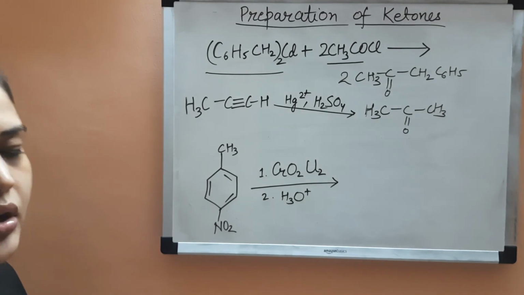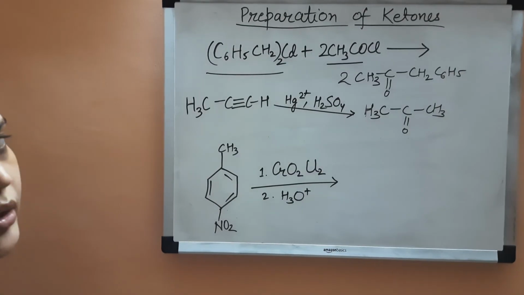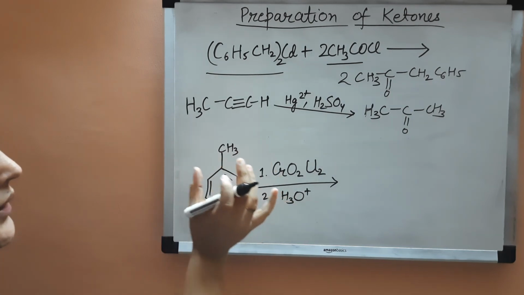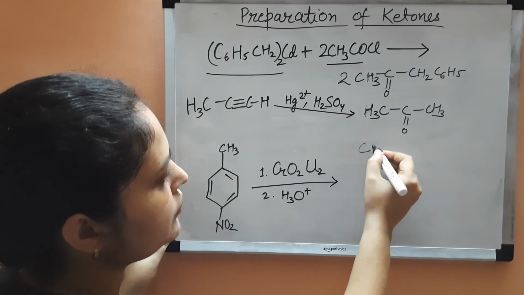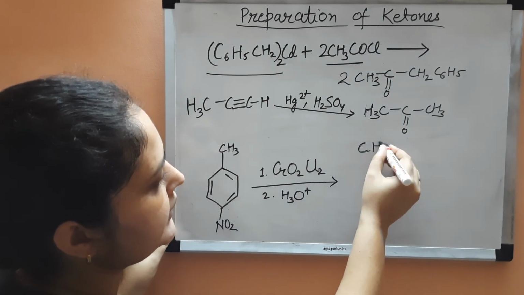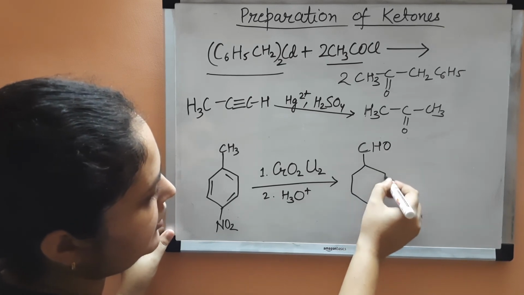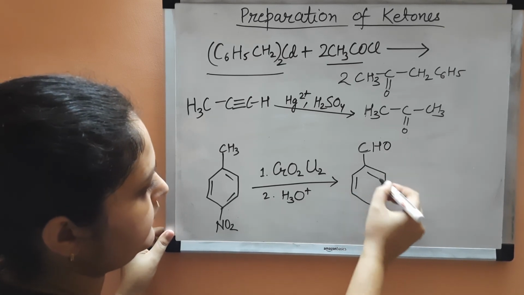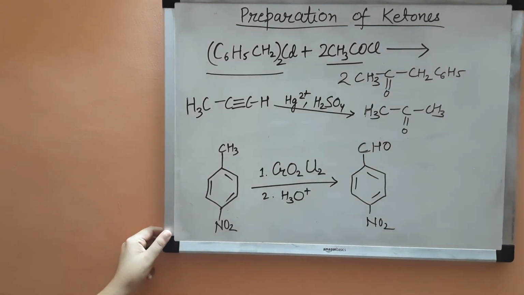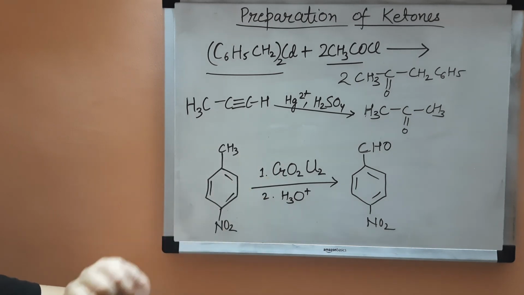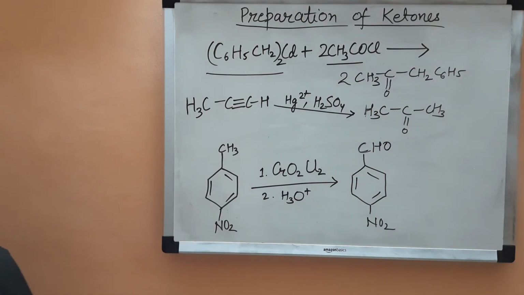It stops the oxidation there. It doesn't further oxidize it to carboxylic acid. So it is responsible for making aldehydes. What will you get? Instead of the methyl group, you will get CHO, the aldehyde group, and the rest will be the same. So you get this product on adding chromyl chloride to the substituted toluene.